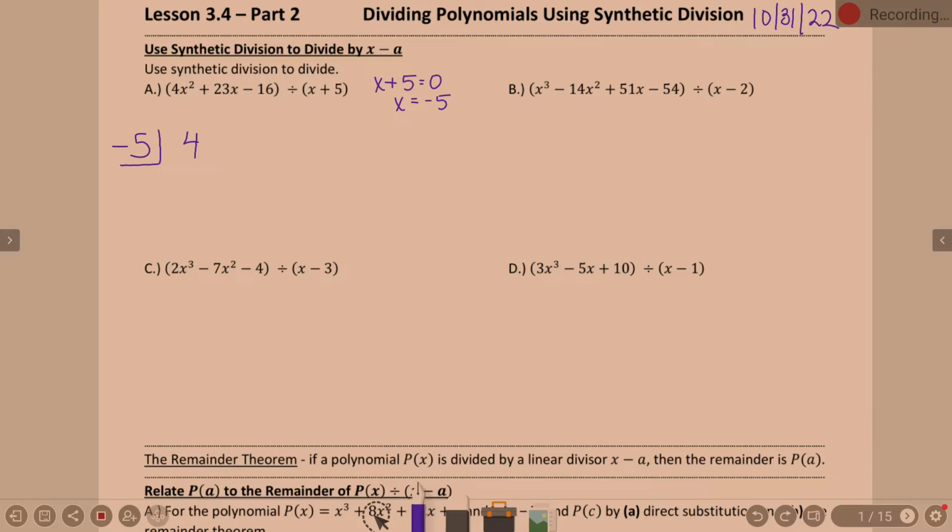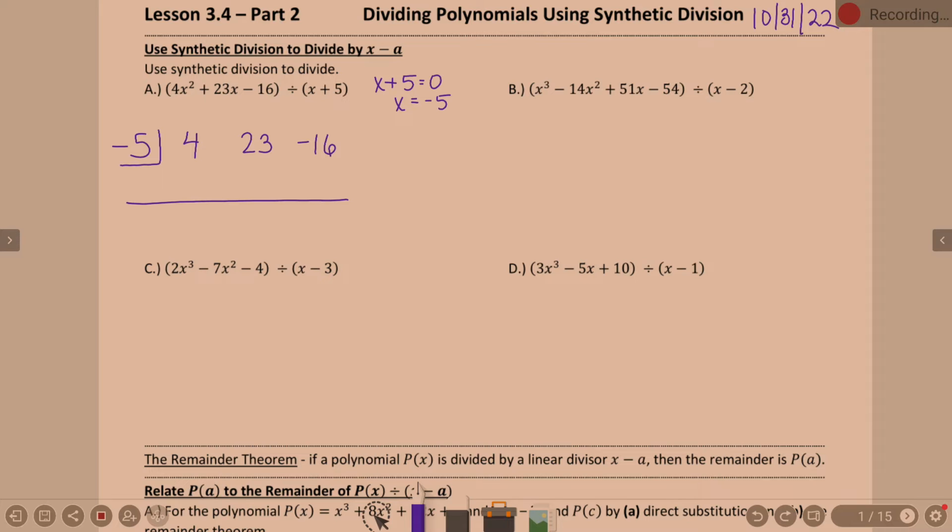If you have missing pieces, you have to get the zeros in there this time. Okay? So after 4 is going to be a positive 23, and after positive 23 is negative 16. Now, when I draw this line underneath, I left room to put a row of numbers in there, because we're going to have one row of numbers in between the top row and that line.